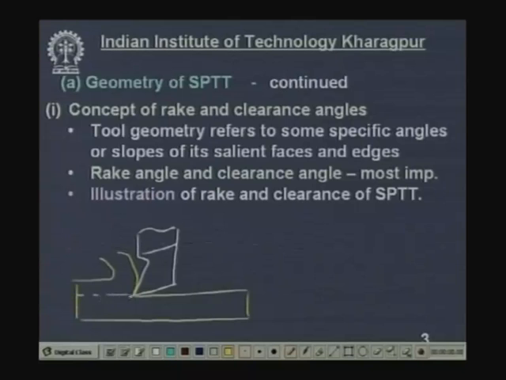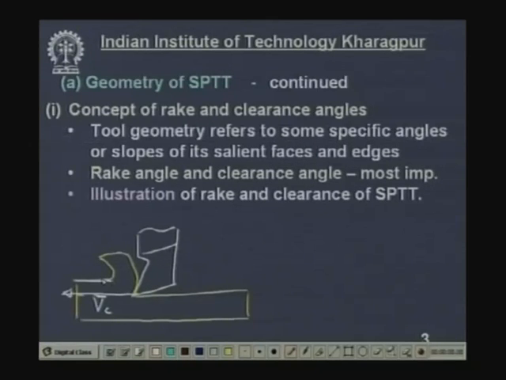So, this layer of material is getting removed by this cutting tool. This is the direction of cutting velocity, called VC, cutting velocity, a velocity vector. Now, this is the cutting process going on.